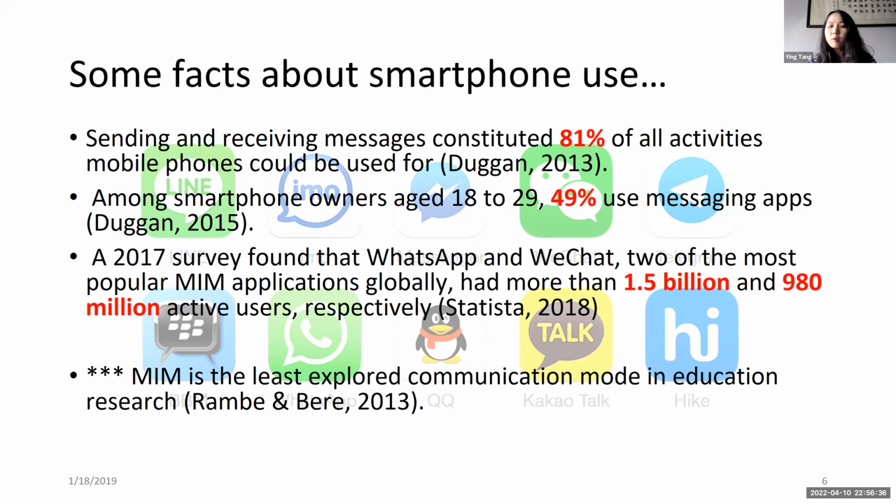And mobile instant messaging is the least explored communication mode in education research. Compared to Facebook or Twitter, some other social media tools, MIM is the least explored, but I think it is probably the most widely used communication nowadays.